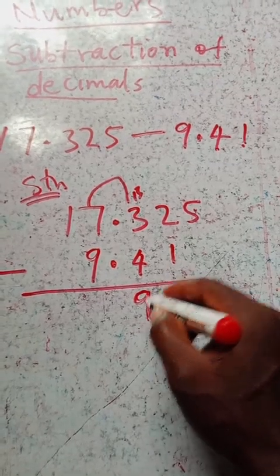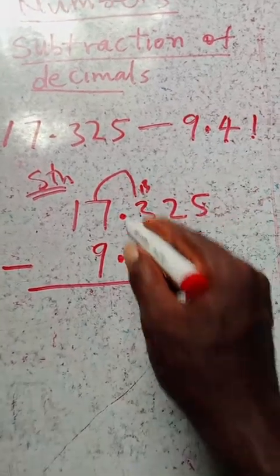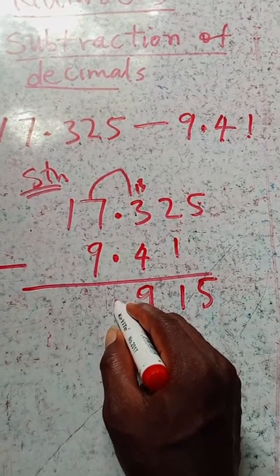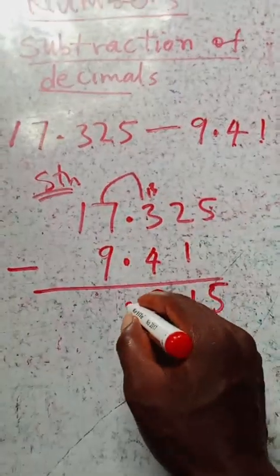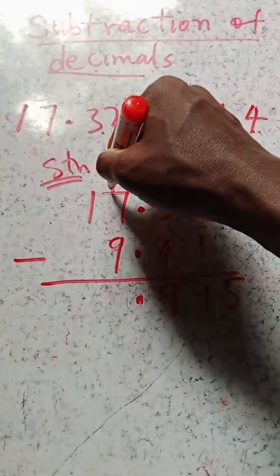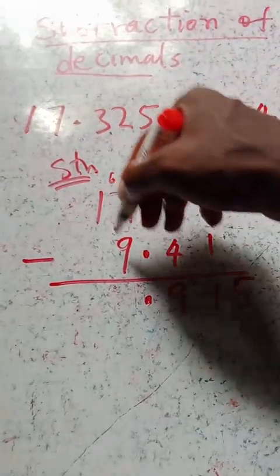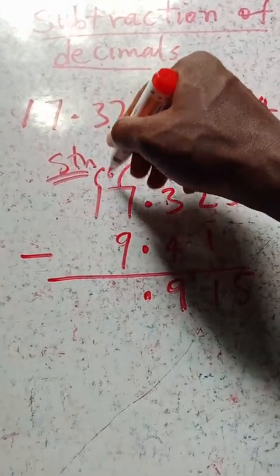Okay, and then after that is the decimal point. The decimal point is just to bring them down. Let it be in the same order, so it should be corresponding. Okay, so what will be left here is 6. So 6 minus 9 you cannot. So you borrow 1 from this to this, so it will be 16. You know how to do it.